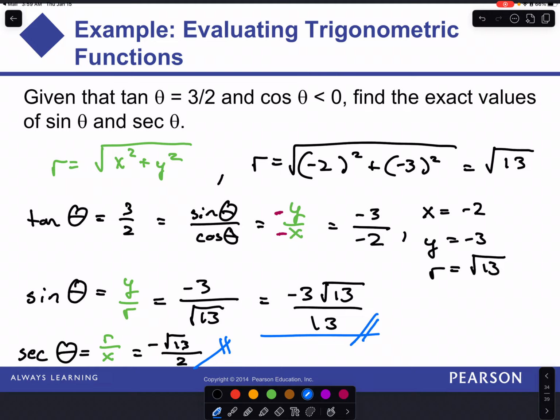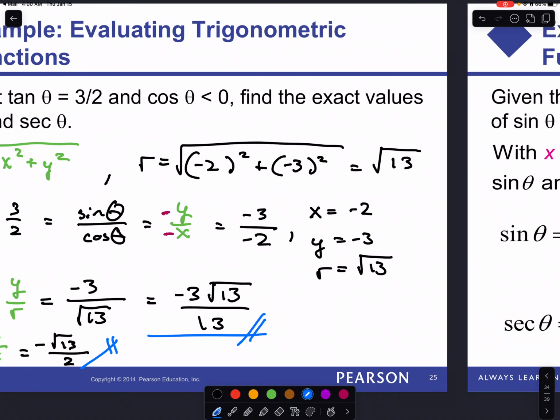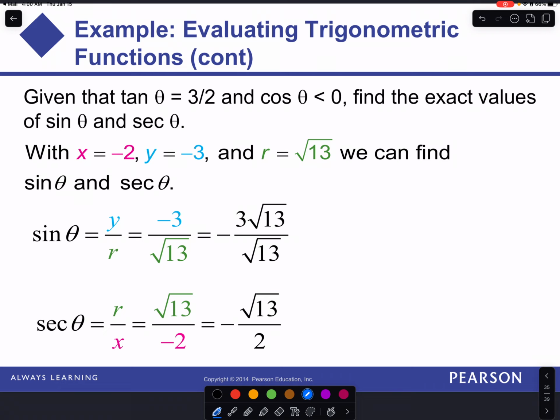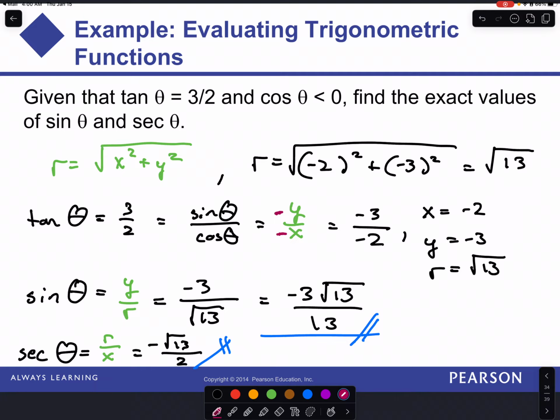For sine of theta, we got negative 3 root 13 over 13, and for secant of theta, we got negative root 13 over 2. Let's see how we did. It looks like they got an extra root, so that root's not supposed to be there. It should just be negative 3 root 13. I think they just forgot to remove the extra radical, so what we have is fine. And we got negative root 13 over 2. Okay, I think we're good there.